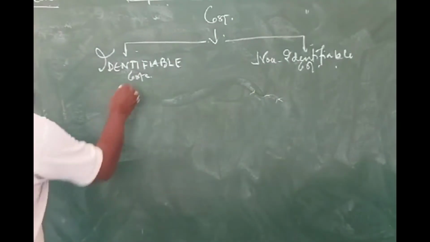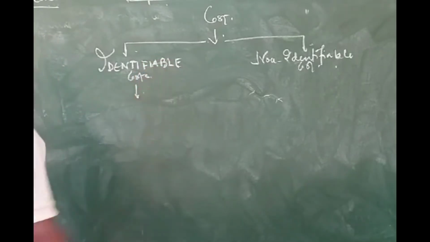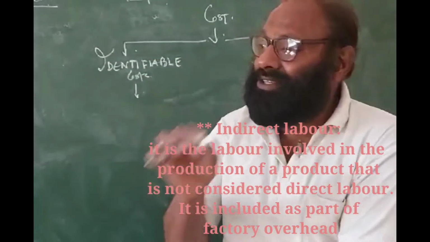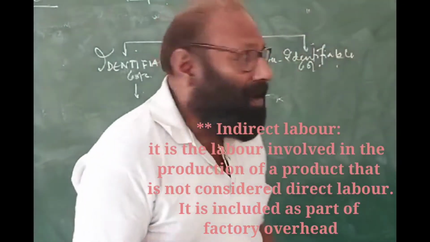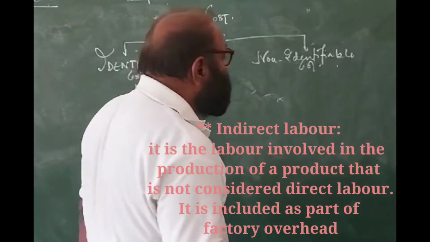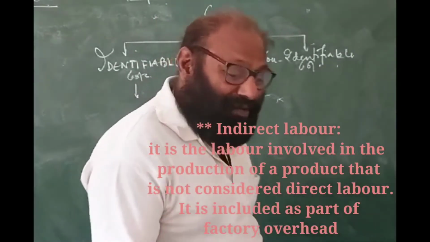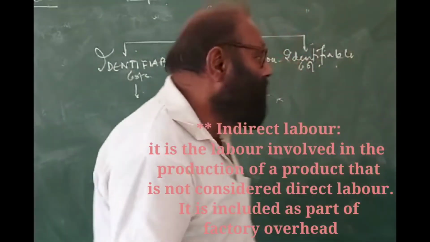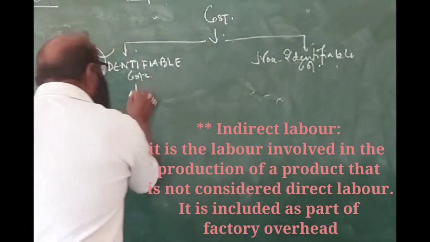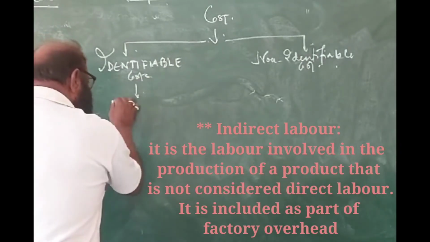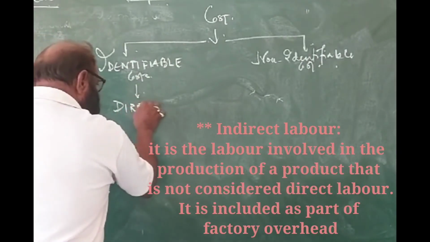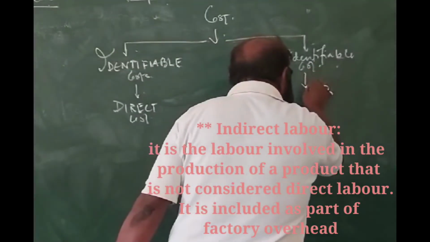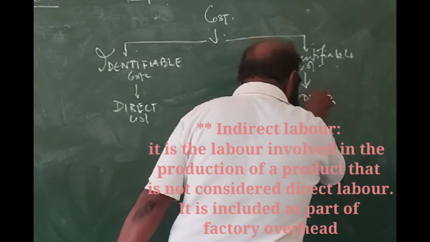Identifiable costs are those which can be directly spelled out, which are directly attached to the product. Non-identifiable costs are those which cannot be spelled out properly, which cannot be identified to a particular unit of production, and are charged to production under some different process. Then this identifiable cost is known as direct cost, and these are known as indirect cost.